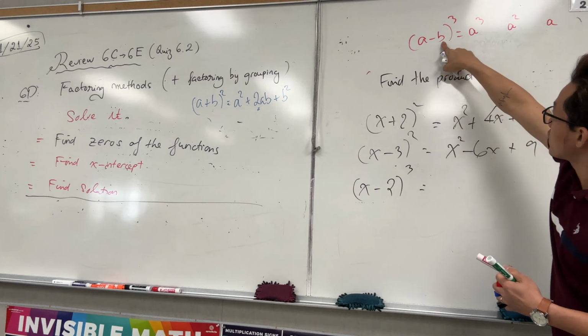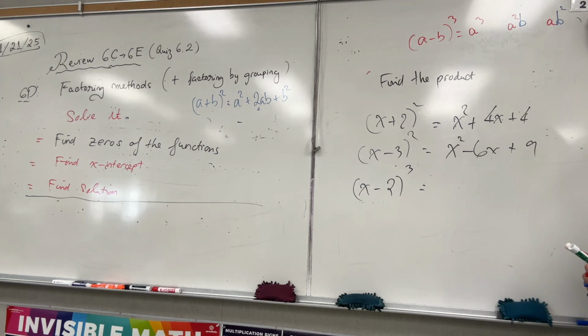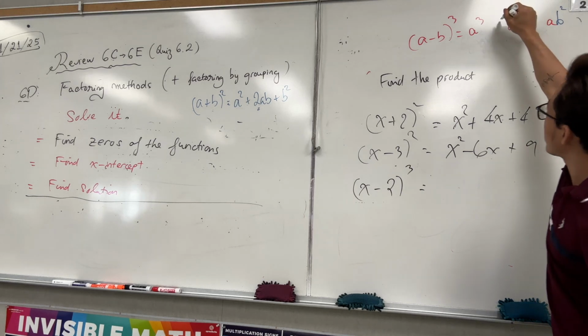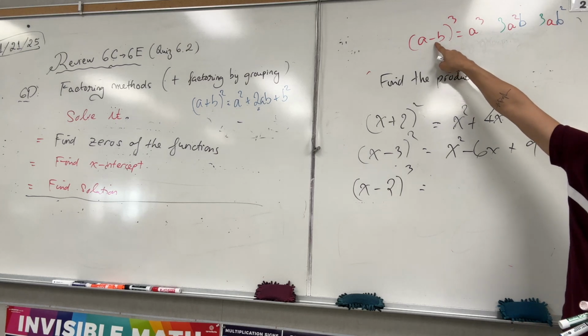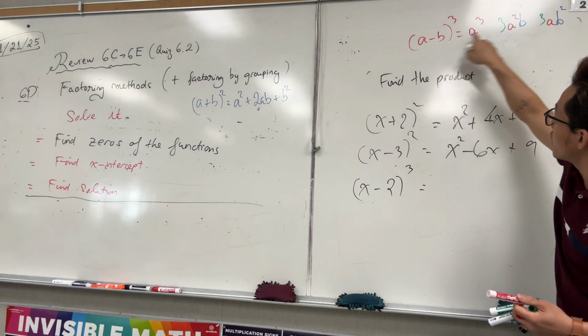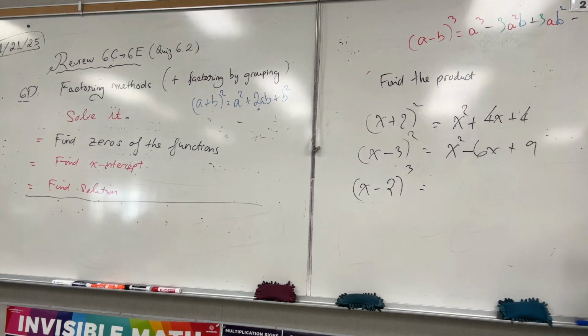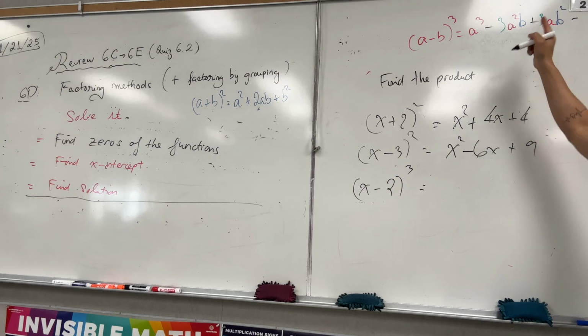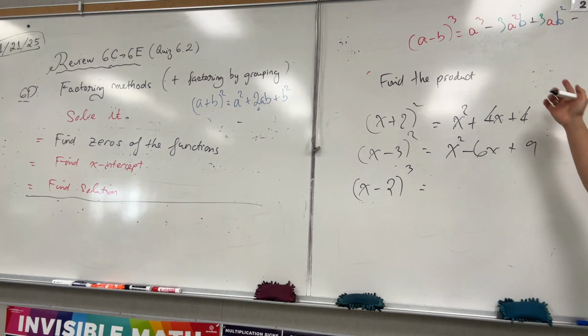So the first one is no B, the second one is going to be 1B, the next one is going to be 2B, and the last one is going to be cubed. The middle numbers you just need to memorize, 3 and 3. Okay? And then the signs are going to be alternating. So the first one matching, minus, plus, minus. Or anyway, if you're not sure, I can just put it on the board for you, okay? Don't worry, but you should memorize it.